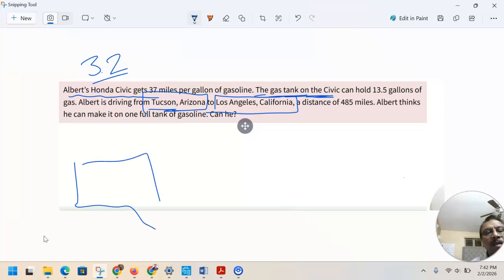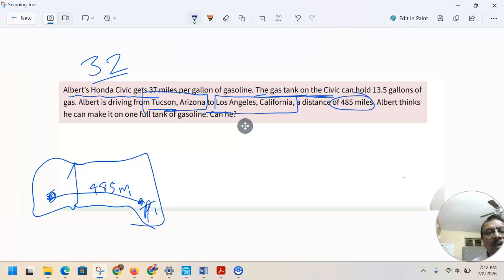If this is Arizona, this is California. We are here, and you want to drive all the way to LA. That distance is given to you as 485 miles from Tucson. This is Tucson, and this point is LA.